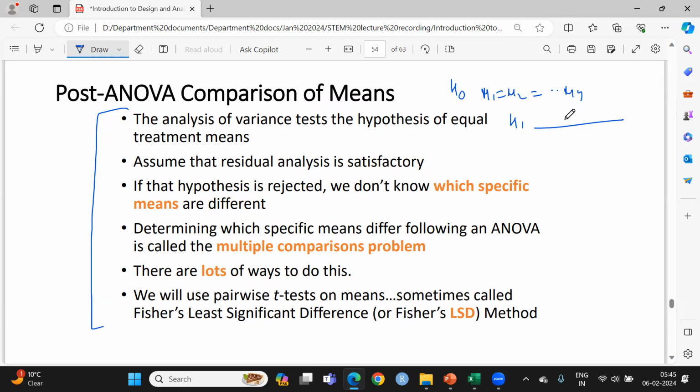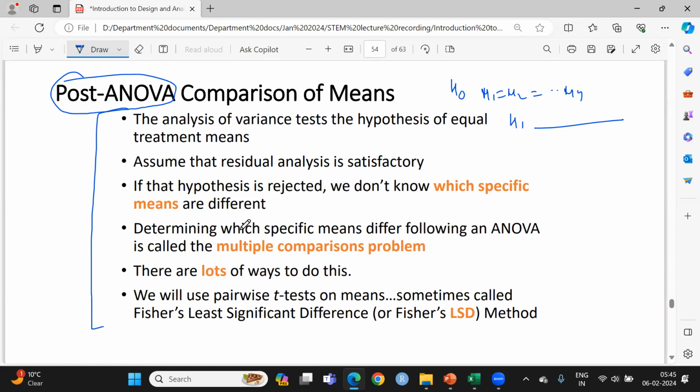In the output we got the answer that the mean of at least one group is significantly different from the others. So we want to identify which group mean is significantly different from another group. For that we go with post hoc or post ANOVA comparison.